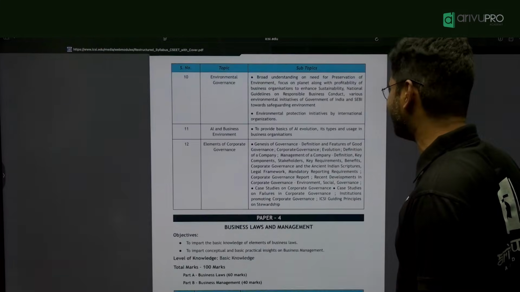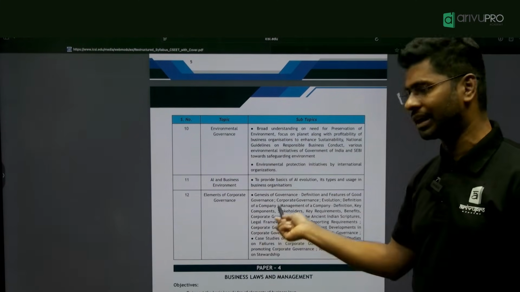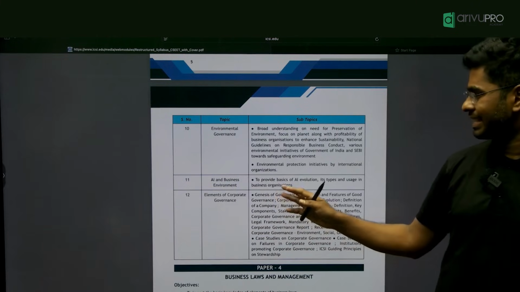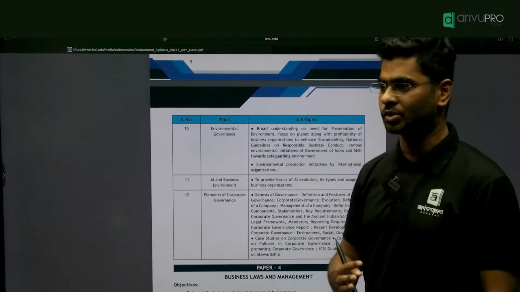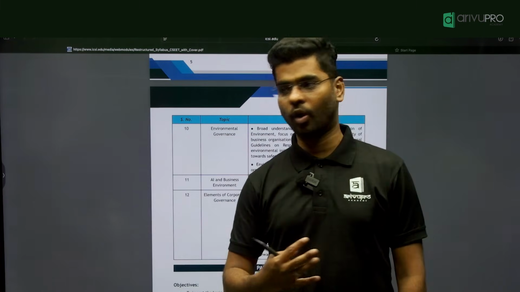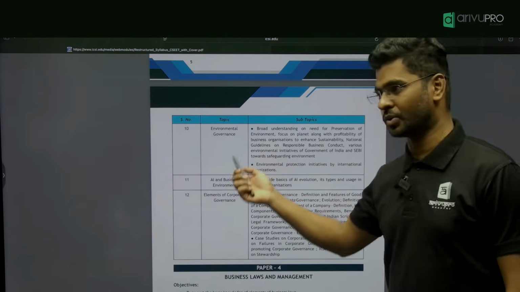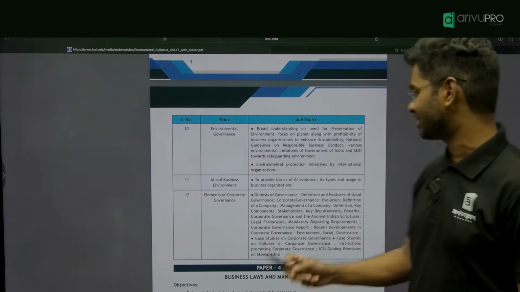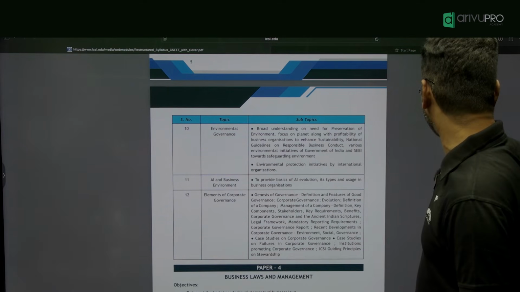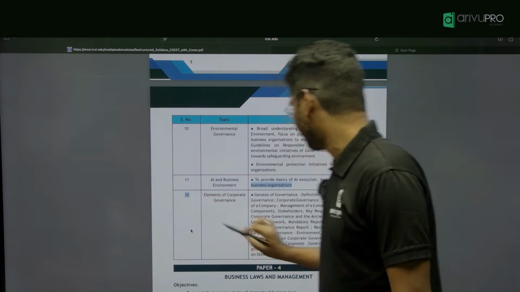And finally, your 3 things, this has got to do with your governance. Now governance is something they want to introduce at the initial level so that students do get an idea of how to go about it. So now they have added your governance, which was earlier there, and as a company secretary, you know, governance is one of the key areas. But now these are the 2 chapters that have come in very new for you guys, which is your AI.